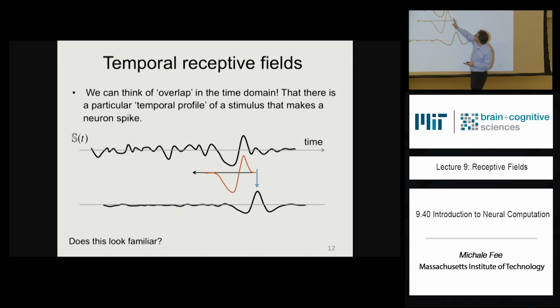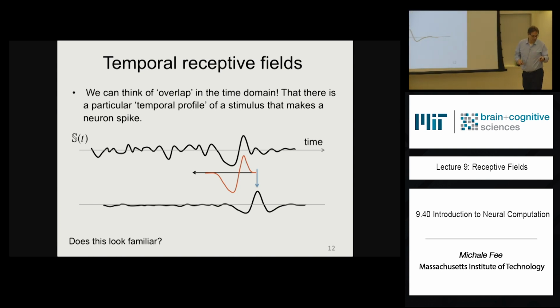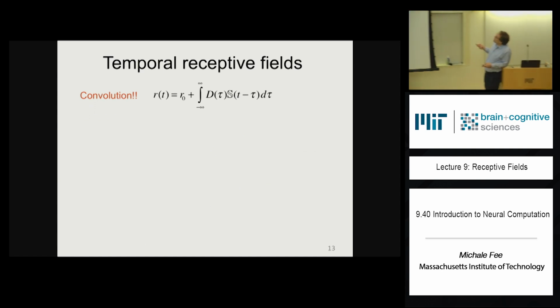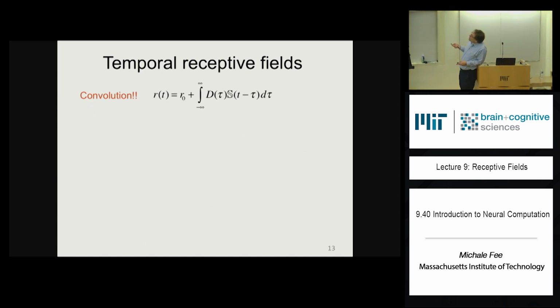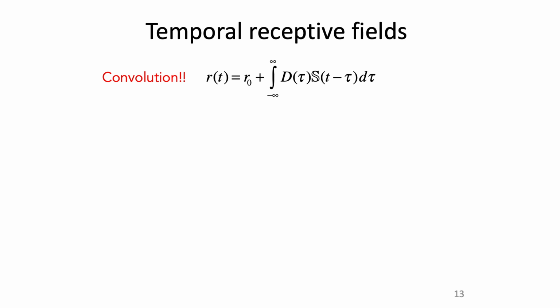If we picked a slightly different t, so that this thing was lined up with this positive peak here, then you'd see that you have positive times negative. That gives you a negative. When you integrate over tau, that gives you this negative peak here. Does that make sense? Okay, so let's go back to the math. You can see that we're integrating over tau, but we're sliding the relative position of d and s with this variable t.